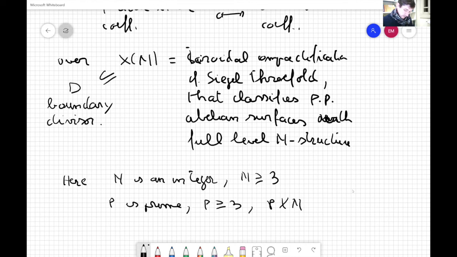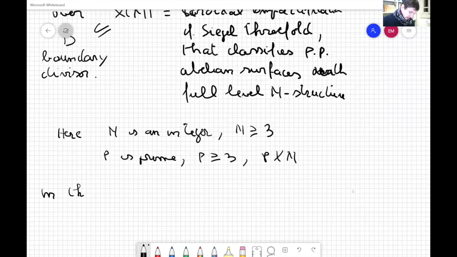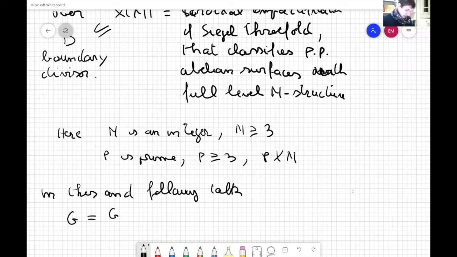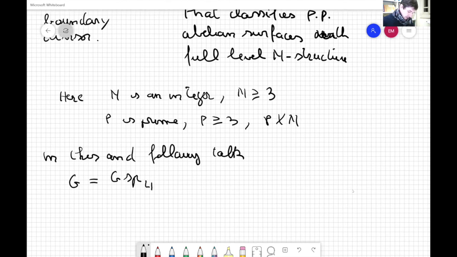Okay. So in our talk, in this and following, there will be an algebraic group, as in Vincent and George's talk, but in our case it will just be GSp4. Okay, and I will also fix V a standard space, and I want actually to give names to the basis elements.